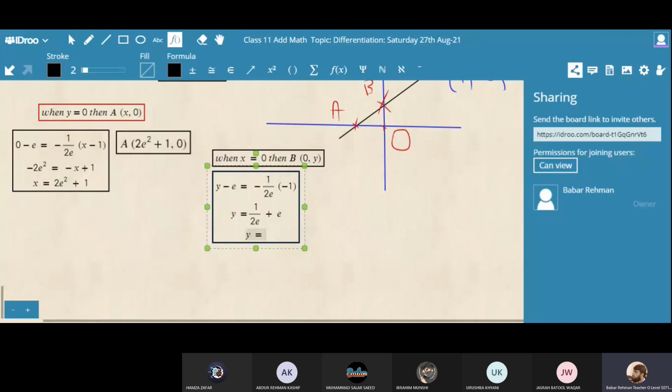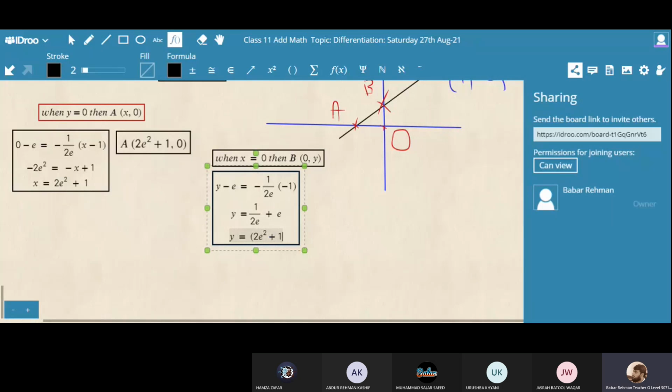So 1 upon 2e, 2e square plus 1 upon 2e. Sorry, plus 1 upon 2e. 2e square plus 1.